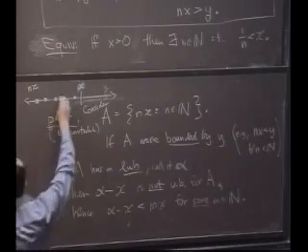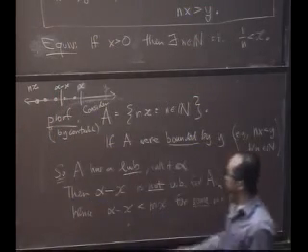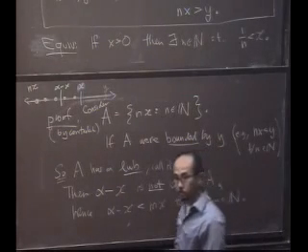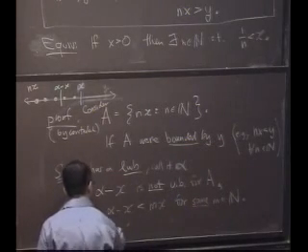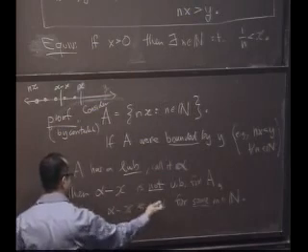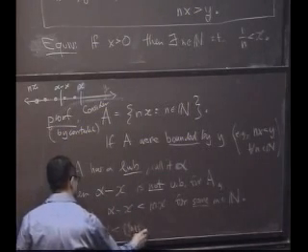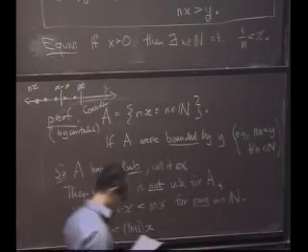Maybe this is alpha minus x. Then alpha is less than mx plus x, otherwise known as m plus 1 times x.